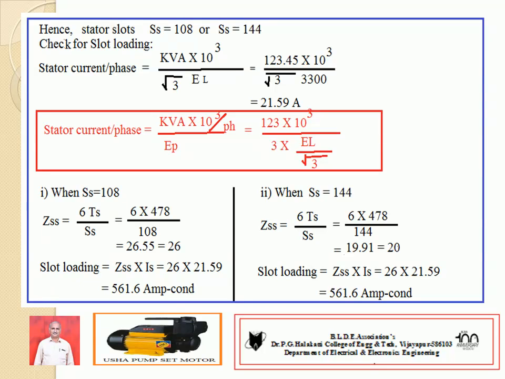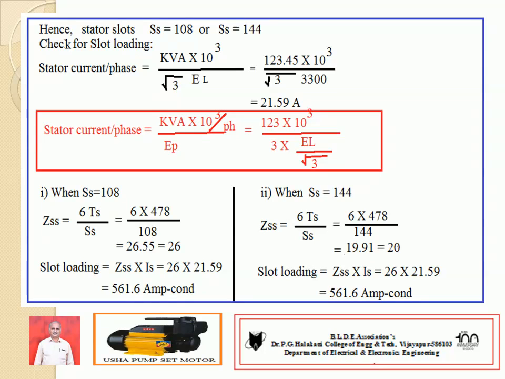Then you check slot loading. Number 1, when SS equal to 108, stator conductors per slot ZSS equal to total stator conductors 6 times TS divided by total stator slots SS. So I am going to get around 26.